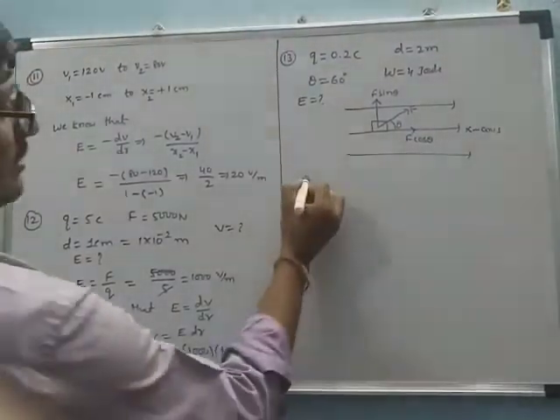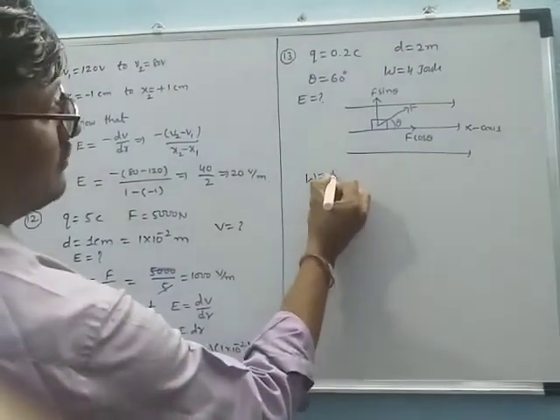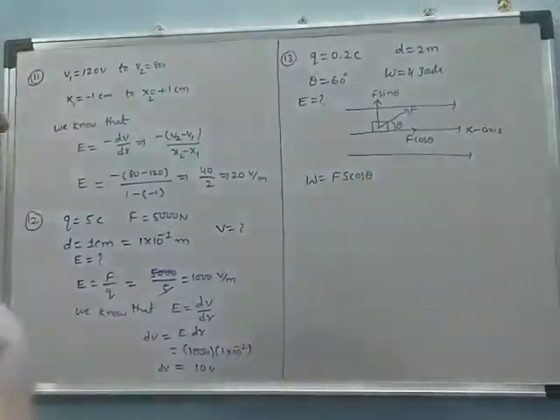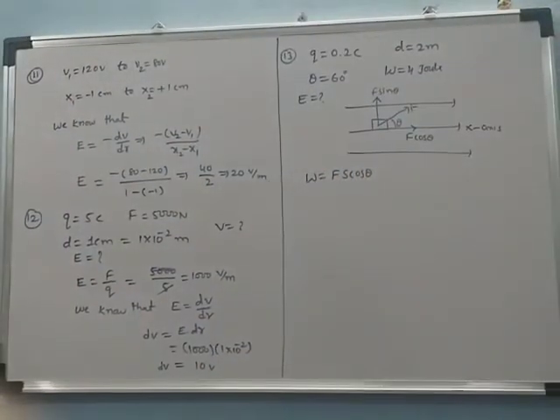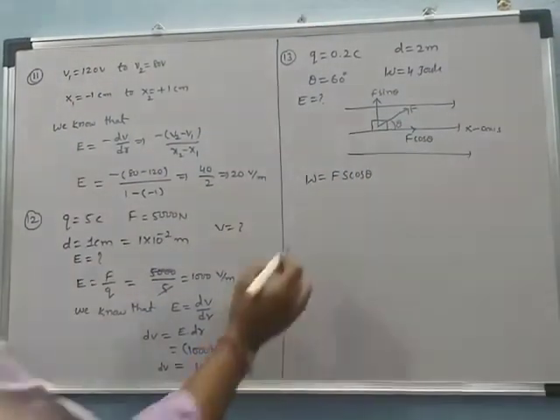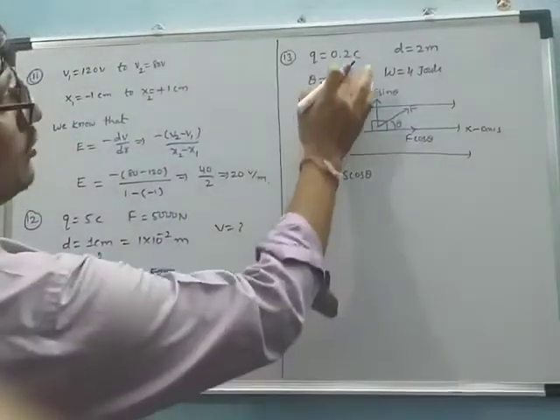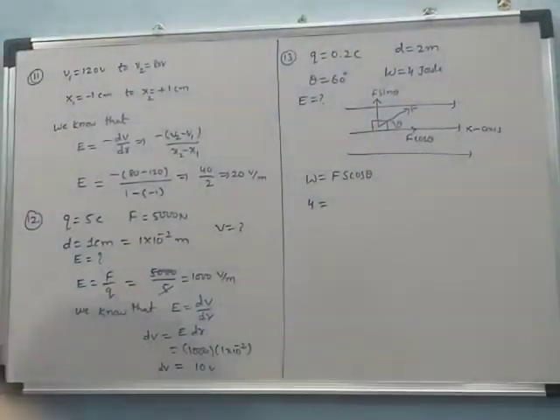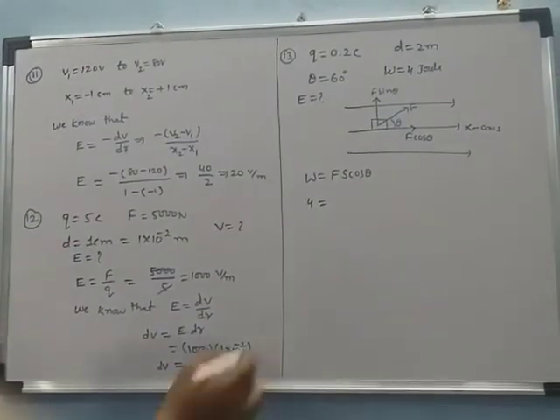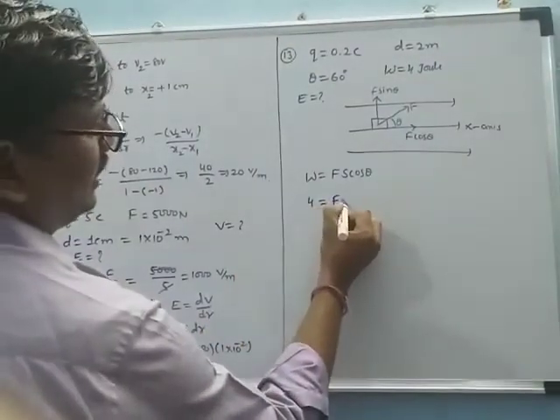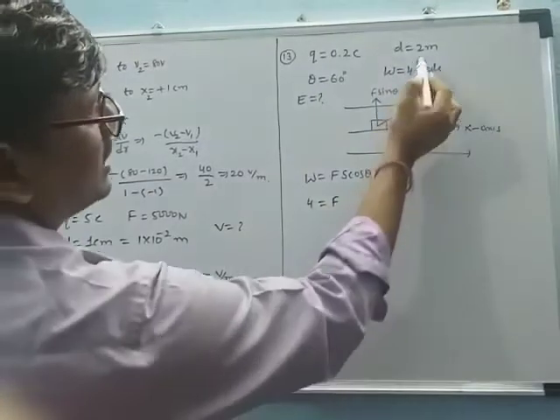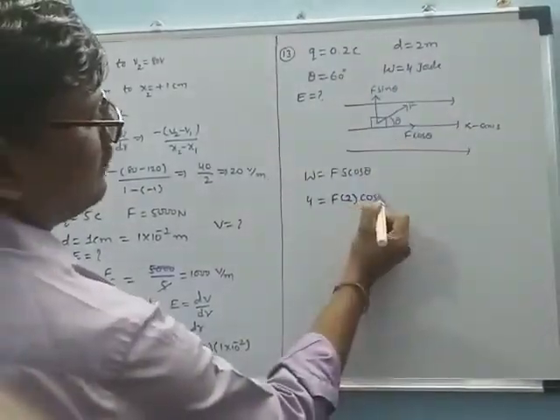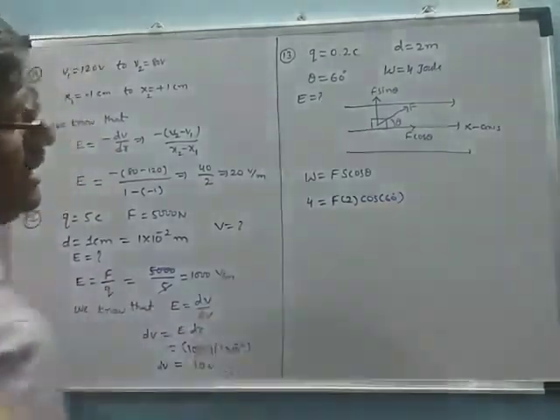See, the work done is equal to force into displacement, displacement along the horizontal component with cos theta. Now we can write that work is 4 joules. This is F into displacement, and the displacement is 2 into cos theta, cos of 60 degrees.